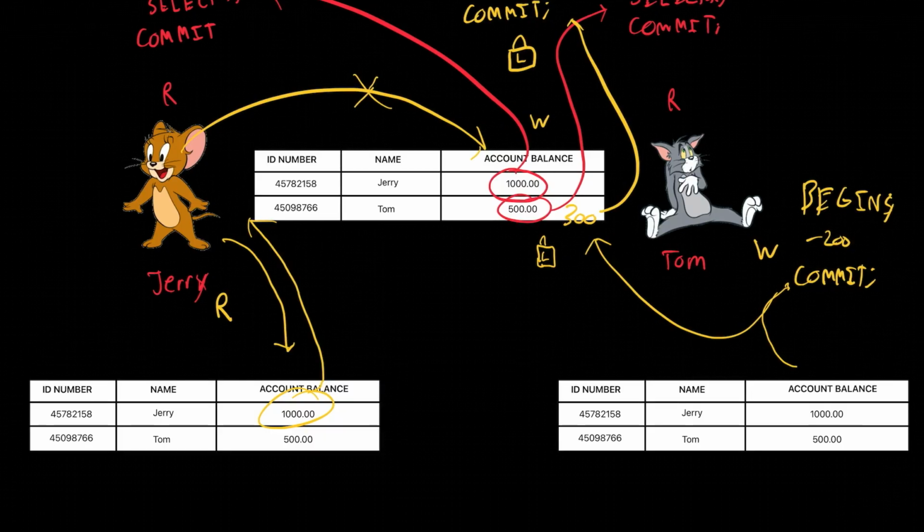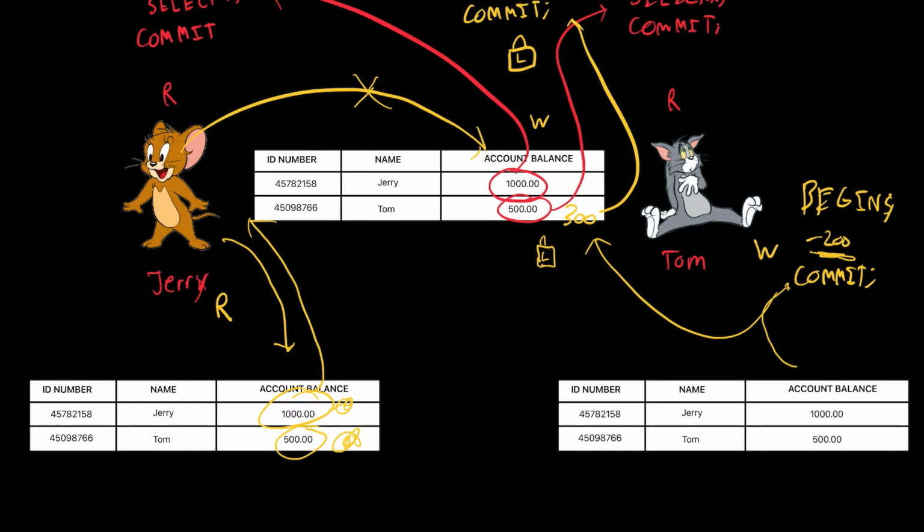But now we can start to think about what actually happens when Tom commits his transaction, when we actually take away $200 from Tom's account. We don't want Jerry's information to be incorrect here. And for the sake of simplicity, again, we're assuming that there aren't row level locks that say that Jerry can only access this information and only Tom can access this information.